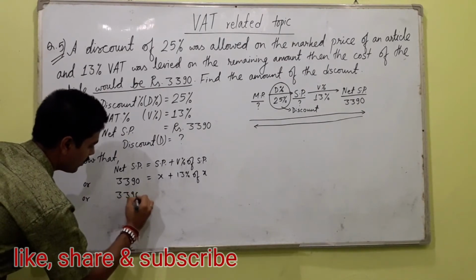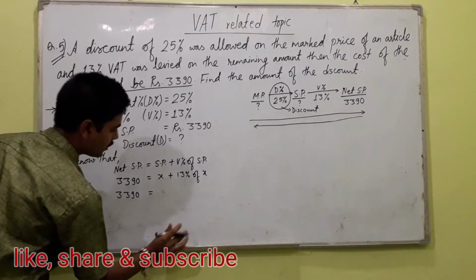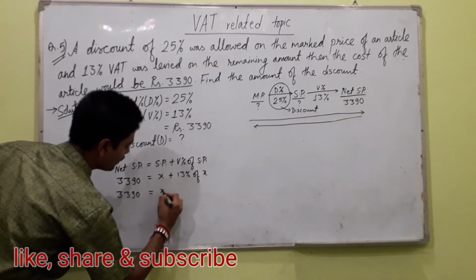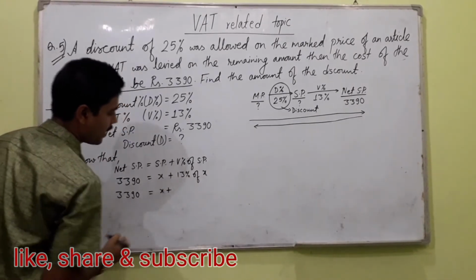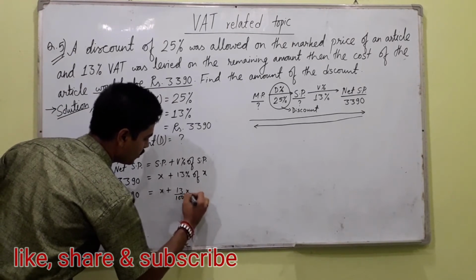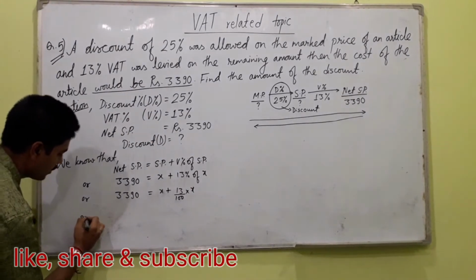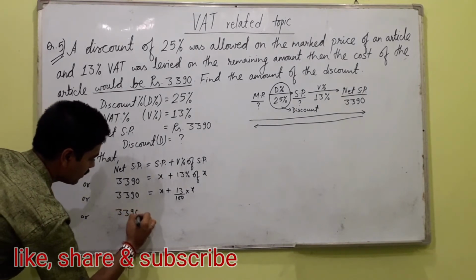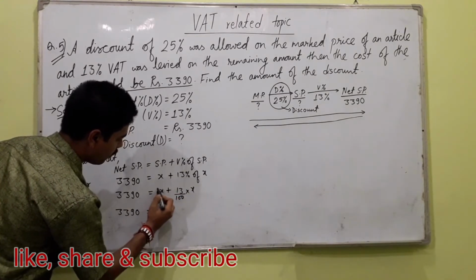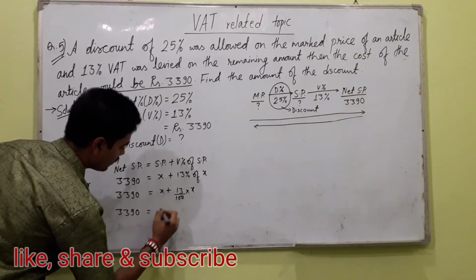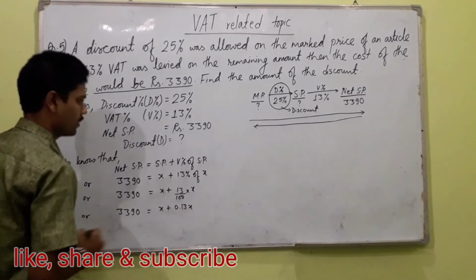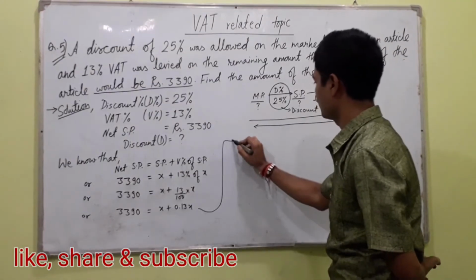Rather than doing the basic method, you have to do another easier method, that is x plus 13% of x, which you can change to x plus 13 upon 100 into x. Now 3390 equals x plus 13 by 100 x, which is x plus 0.13x.